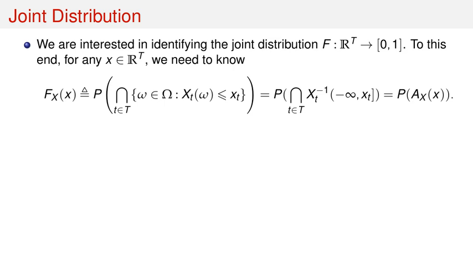This is P of the intersection over t in T of X_t inverse of the half open set (-infinity, x_t], or P of A_X of x.